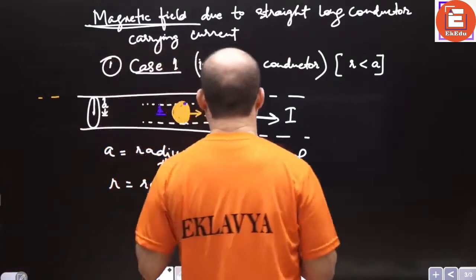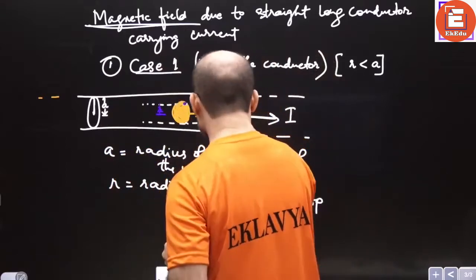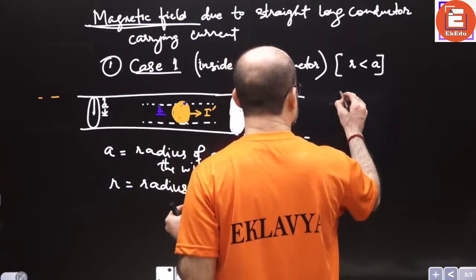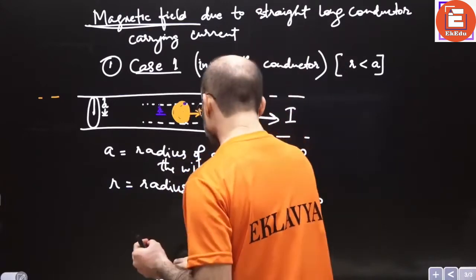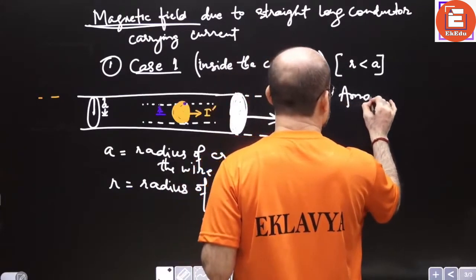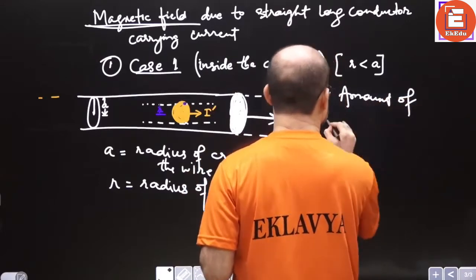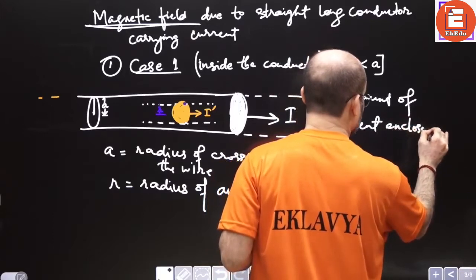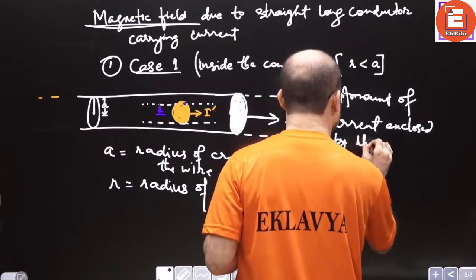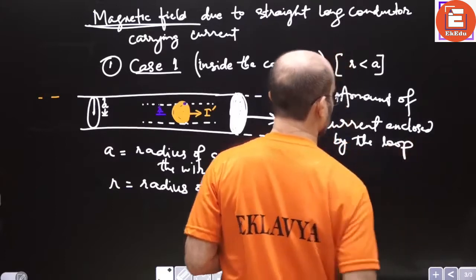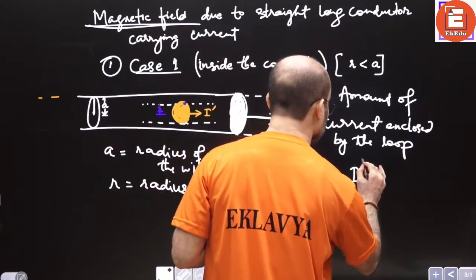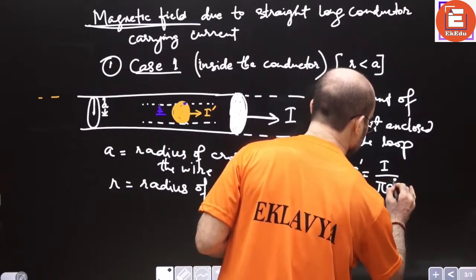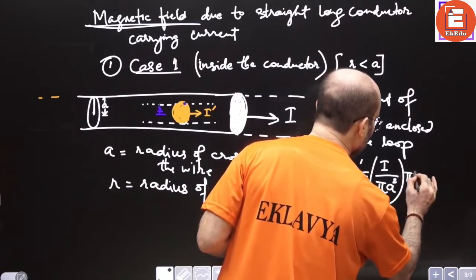Now the amount of current, first of all we need to find out, the current enclosed by the loop will be I dash equals I by pi a square into pi r square.